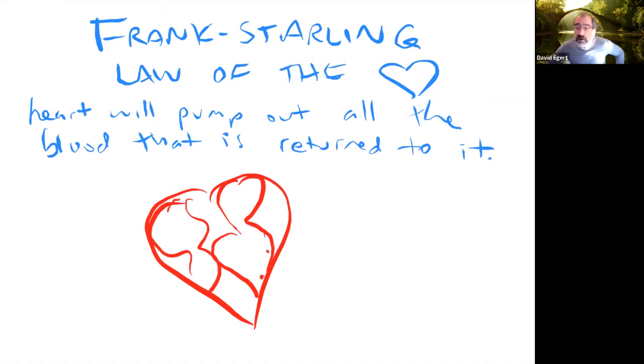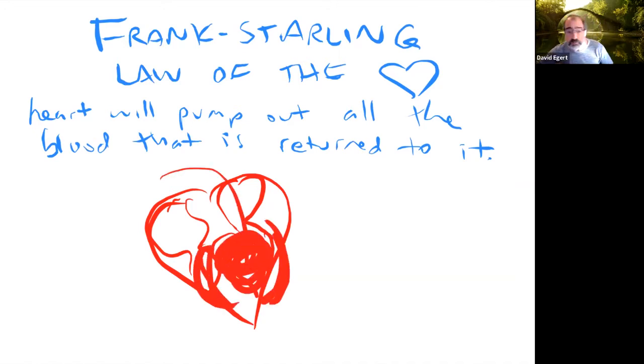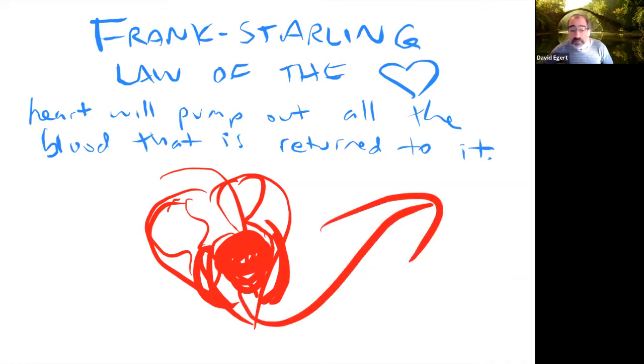If you remember, cardiac muscle has an increased contractile force if it's been pre-stretched. So if I'm returning more blood to the heart and stretching out the ventricles more because I've got this increased venous return, when I trigger the cardiac muscle to squeeze, it's going to squeeze even harder and it's going to get all that blood out.